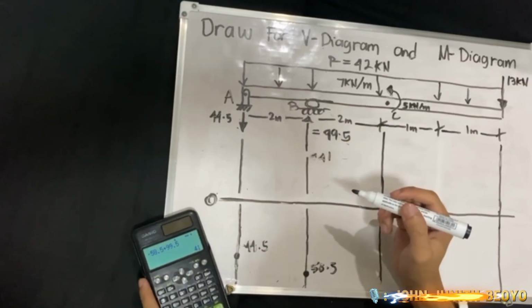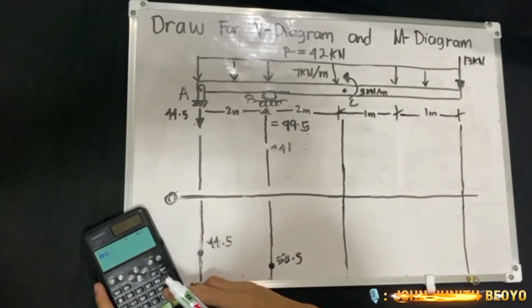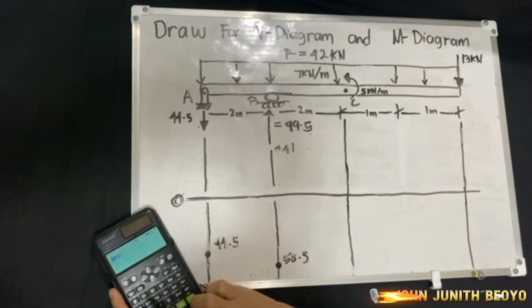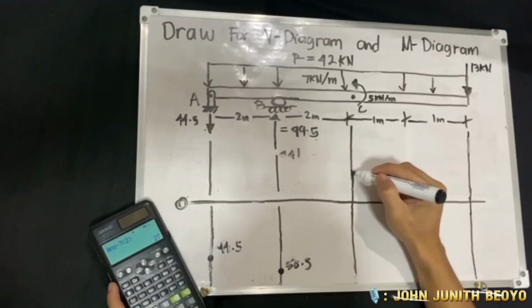Next is 41, again 7 kilonewton times 2: 41 minus 7 times 2 is 27.